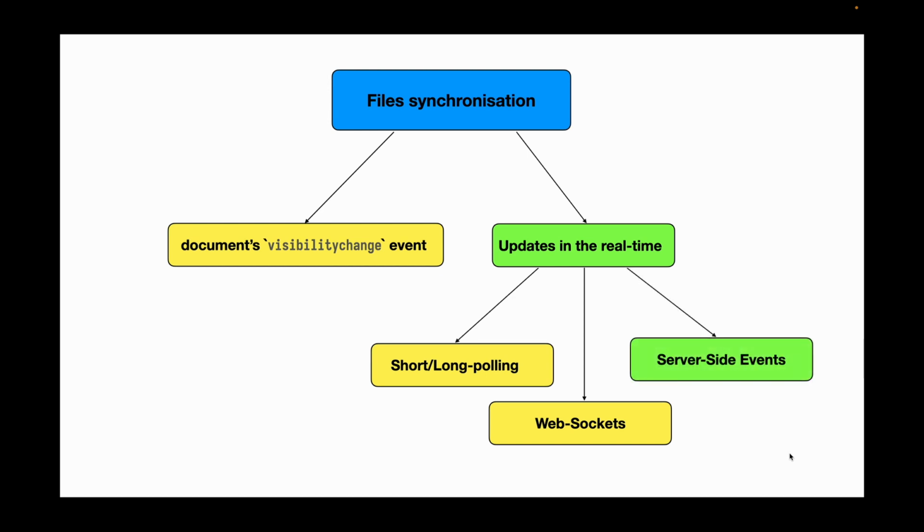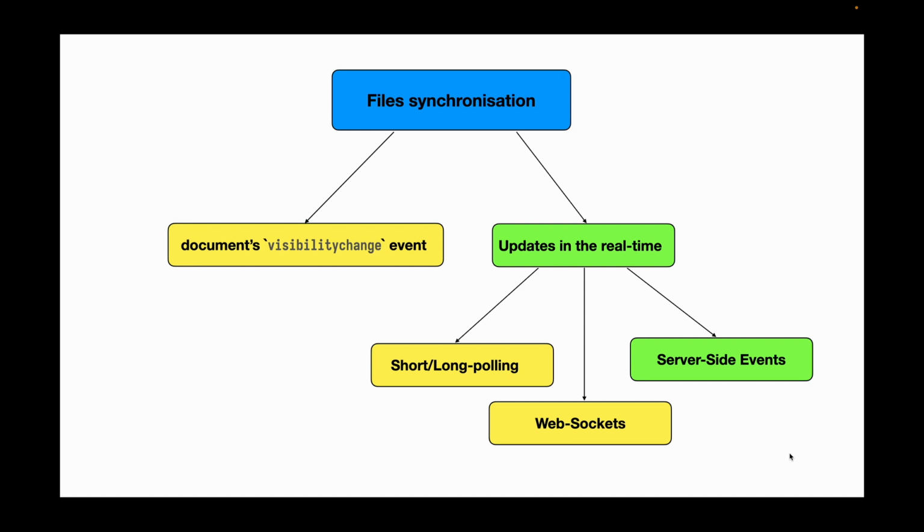Server-side events is easier to implement and maintain because it uses the HTTP protocol. Server-side events is a good choice for rare events. It's our case. However, because of using HTTP, server-side events has a lot of HTTP overhead. But since file synchronization doesn't happen very often, it is acceptable in our case.